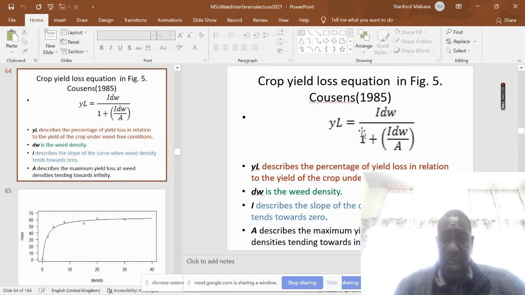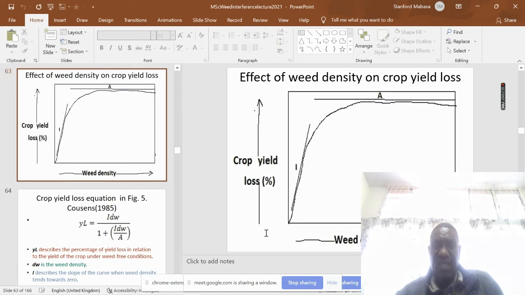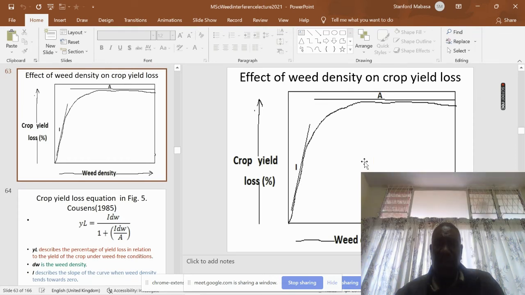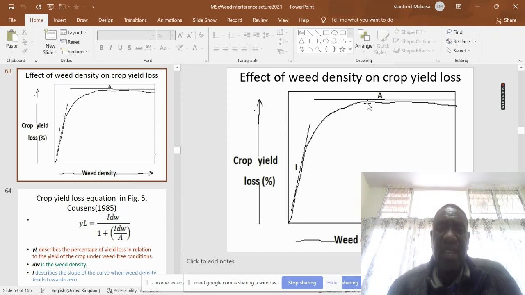What we have just done is just to add 1 into the equation. So YL is the yield loss, dW is the weed density, I is the slope, A is the maximum yield loss. So you can use this graph to determine the maximum yield loss, which is A.